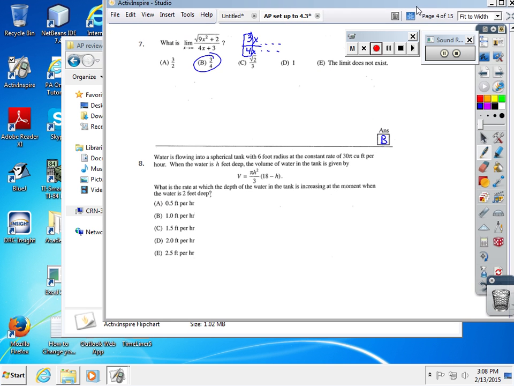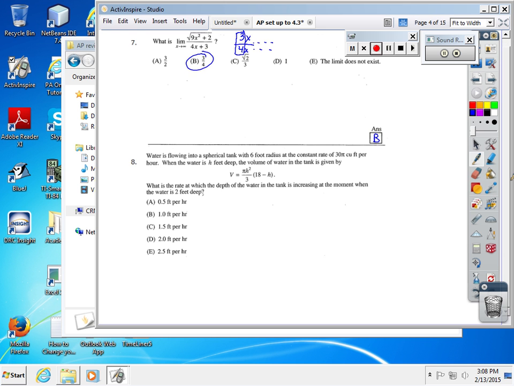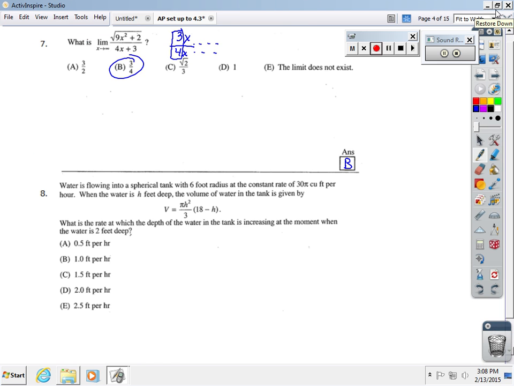Next question. Related rates. The water is flowing into a spherical tank with a 6-foot radius. So we are given that the radius is equal to 6 feet at a constant rate. So the volume is changing over time at 30 pi cubic feet per hour.